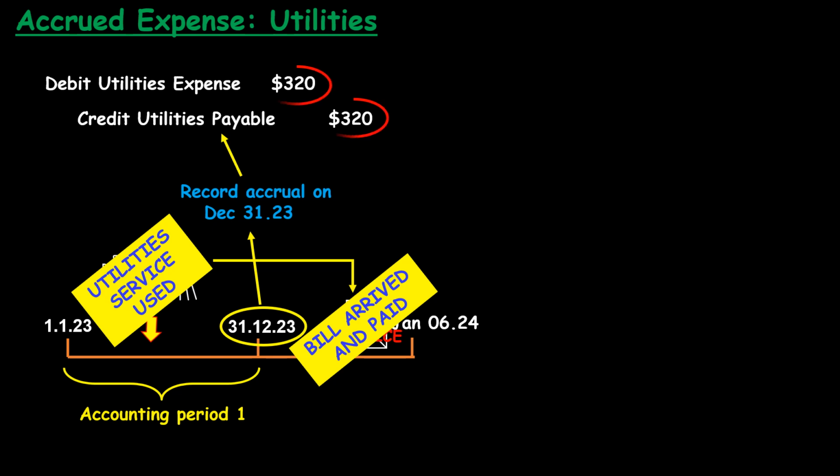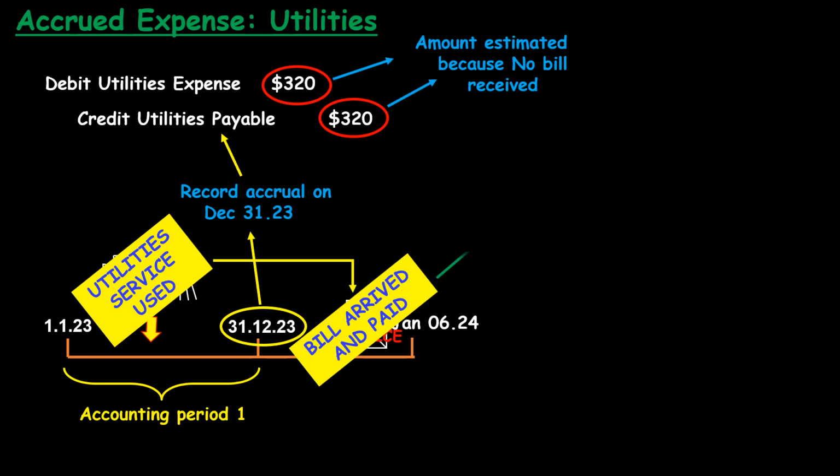You might be wondering how I came up with the figure even though no bill was received as at December 31st. Well, the accountant for that business must estimate based on past experience how much it could be. So when it is paid, obviously, cash will be credited and a debit will go to utilities payable account.